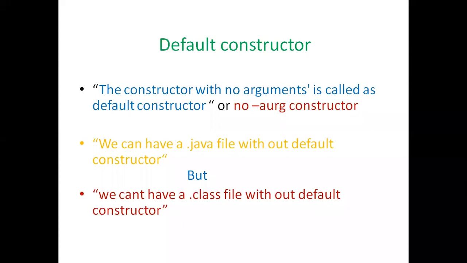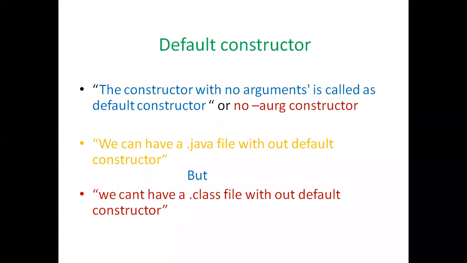See here, previously I explained the 4 parts of a method and the 3 parts of a constructor, right? In the 3 parts of a constructor, the first part is the name of the constructor, the second part is the parameters of the constructor, and the third part is the body of the constructor.